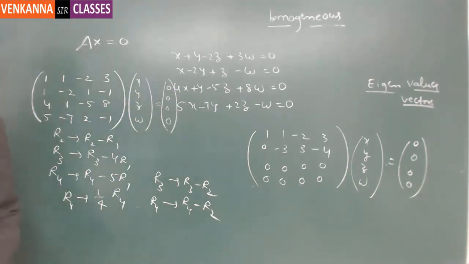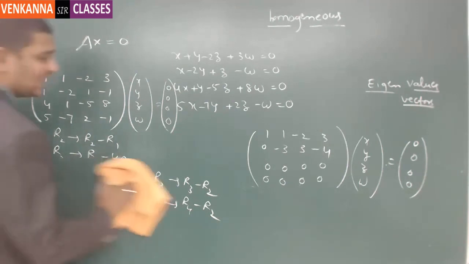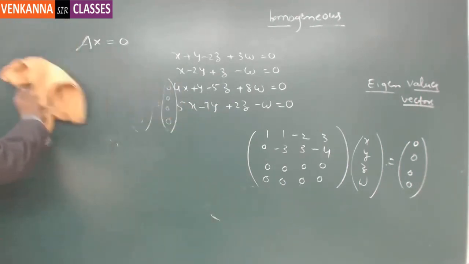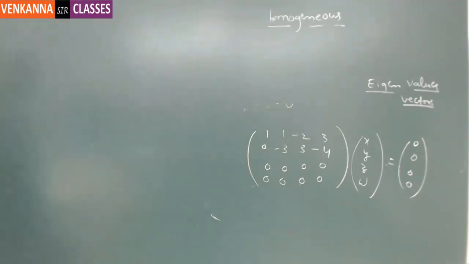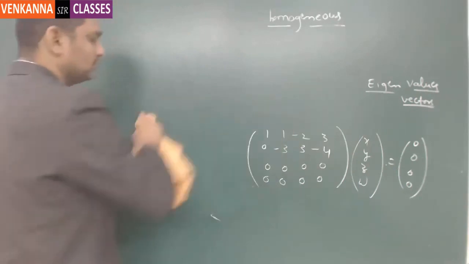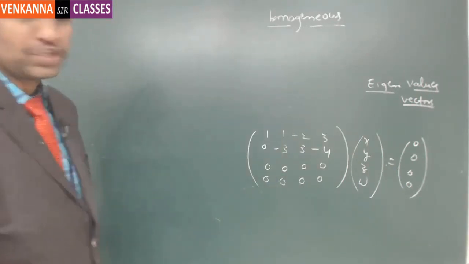So here the rank of the matrix is 2, which is less than the number of variables, which is 4. Now what happens? For the homogeneous system, we have only 2 kinds of solutions.